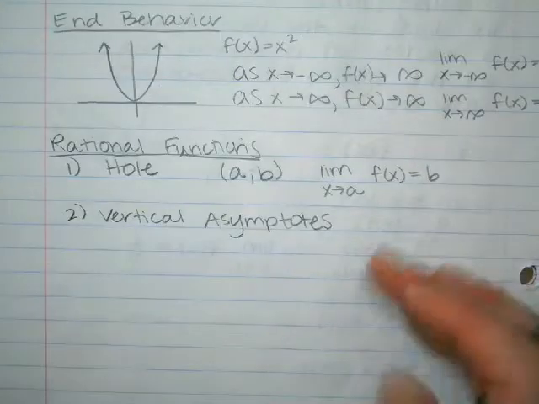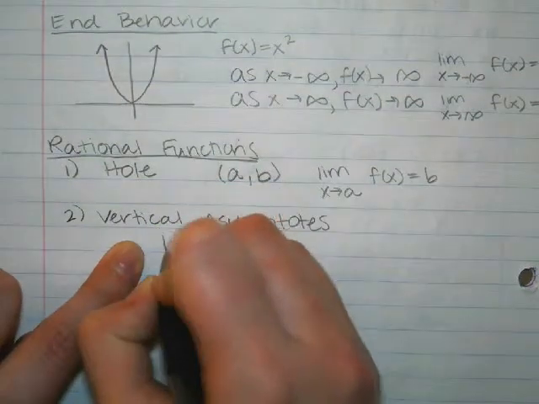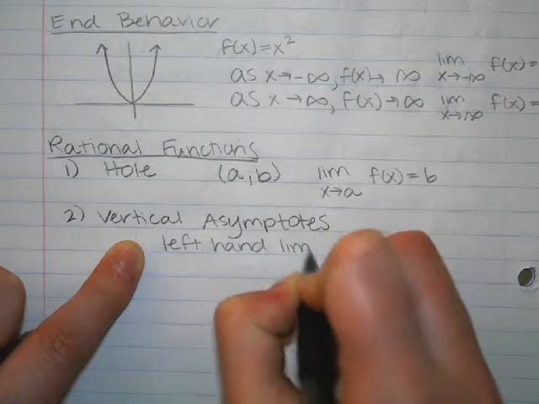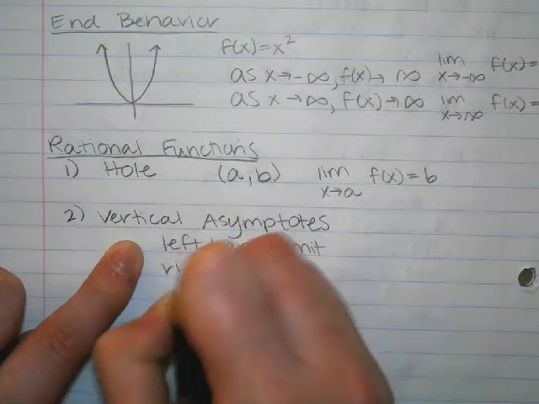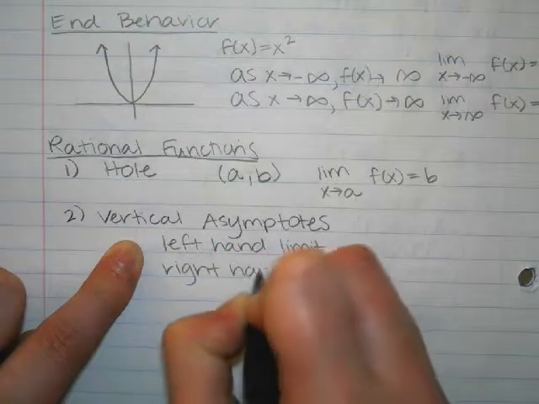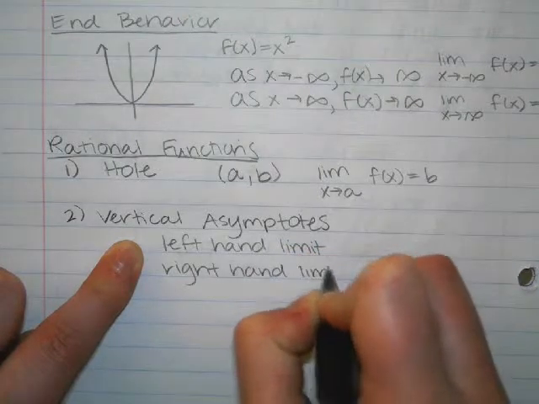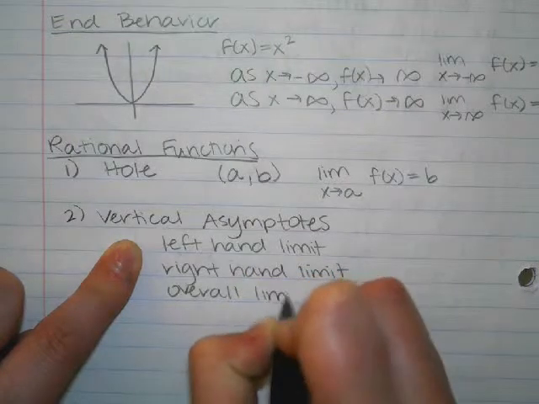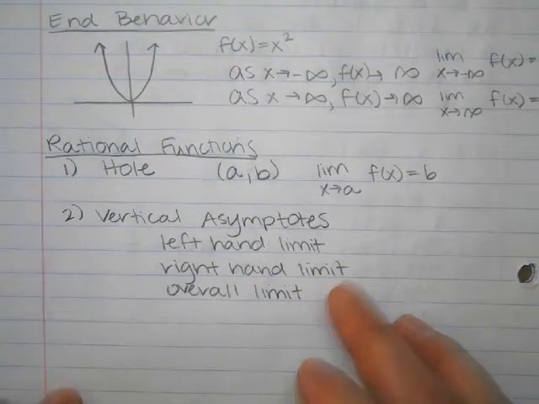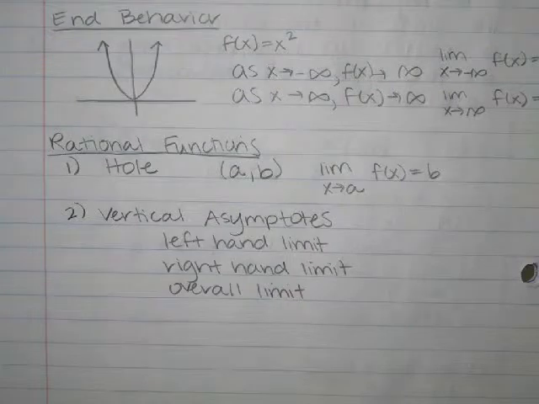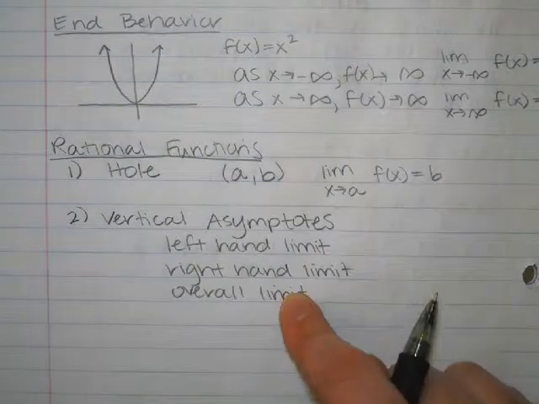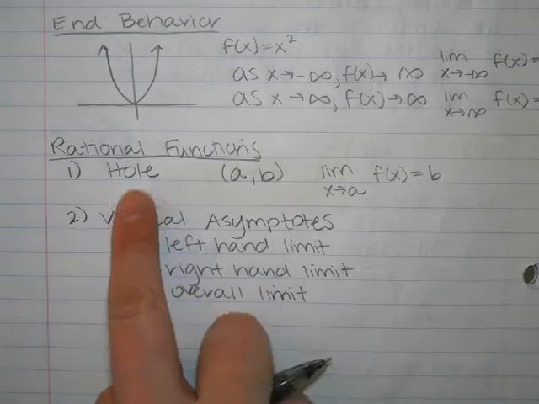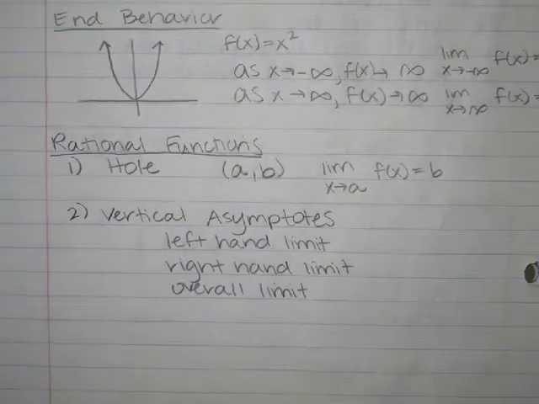So when we do vertical asymptotes, we are always going to check the left-hand limit, and we're going to check the right-hand limit, and we're going to check the overall limit. So anytime we look at vertical asymptotes for rational functions, we are going to have to find 3 limits to see what our conclusion is. We do not do that for holes because we know in this context they will always be there.